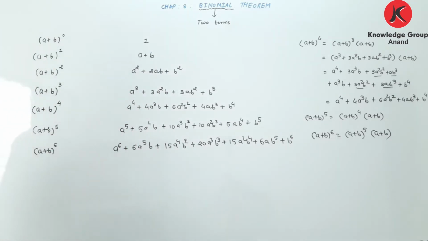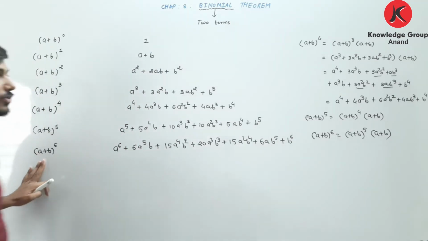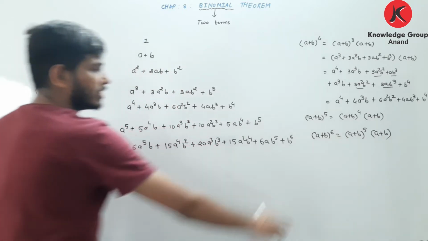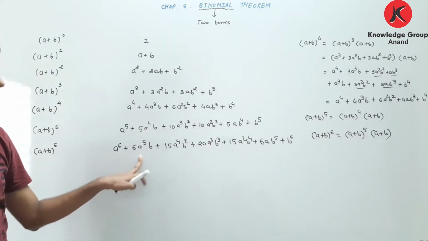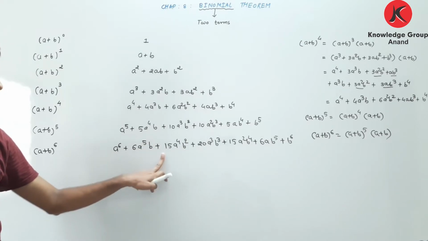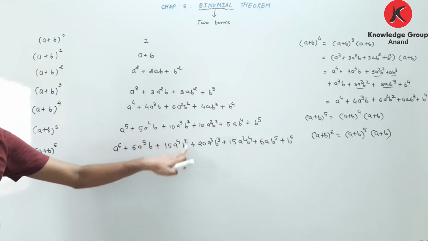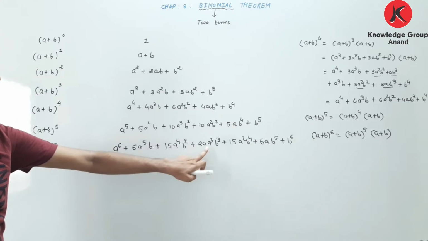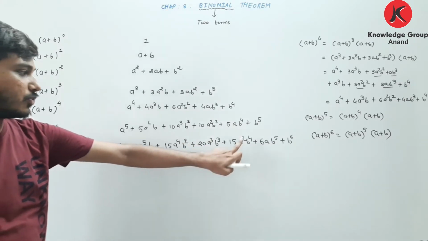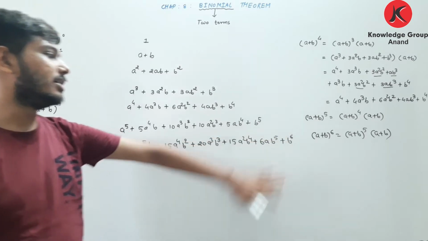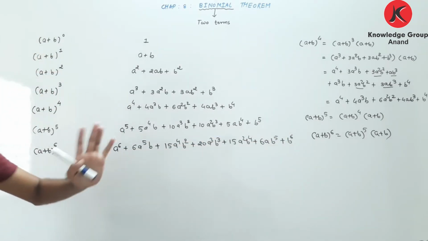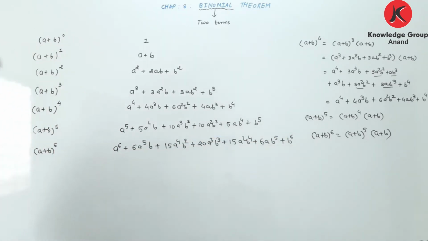This one is your answer of the simplification of a plus b whole raised to 6, which equals a raised to 6 plus 6 a raised to 5 into b plus 15 a raised to 4 into b square plus 20 a cube b cube plus 15 a square b raised to 4 plus 6 a b raised to 5 plus b raised to 6. Clear?